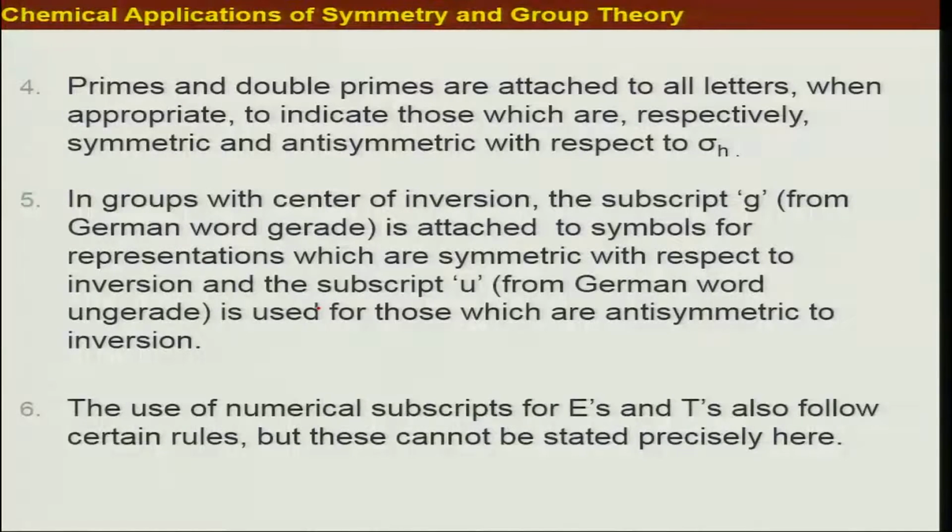And in many cases, primes and double primes are attached to all these letters A, B, or E when appropriate to indicate those which are respectively symmetric and antisymmetric with respect to sigma h. So if the character corresponding to sigma h is positive, then you have a prime. If it is negative, you will have a double prime.